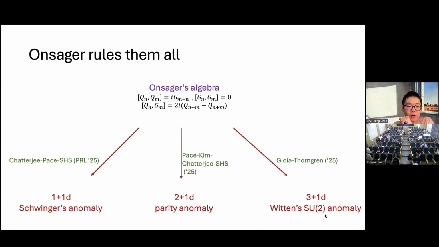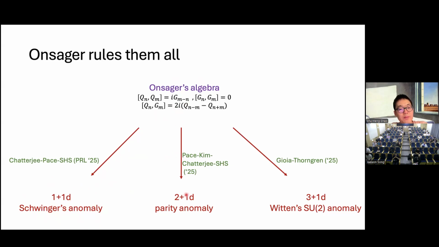So if you put all 3 examples together, there's an interesting coherent picture. There's a single lattice algebra discovered by Onsager in 1944. If you pick the 1 plus 1D lattice Hamiltonian, that goes to the U1V times U1A symmetry in 1 plus 1D, which comes with the Schwinger anomaly.